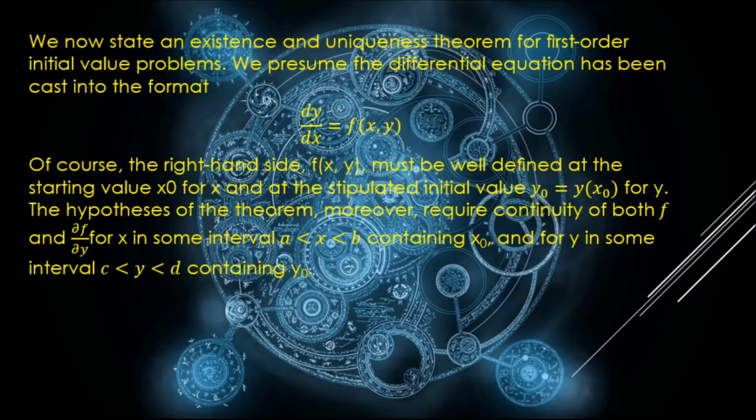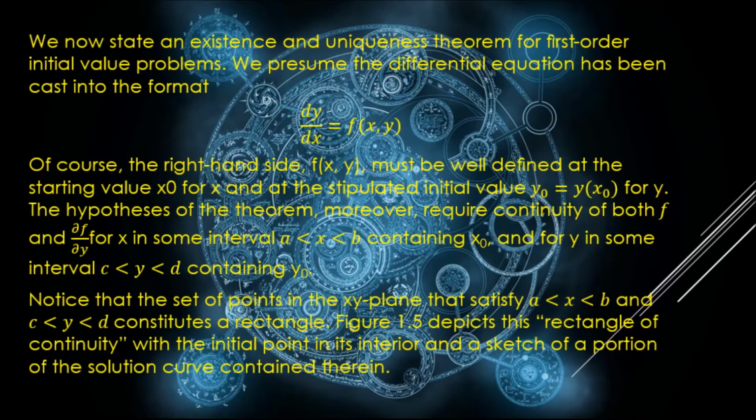The hypotheses of the theorem, moreover, require continuity on both f and the partial derivative of f with respect to y for x in some interval a to b, containing x of 0, and for y in some interval c to d, containing y of 0.